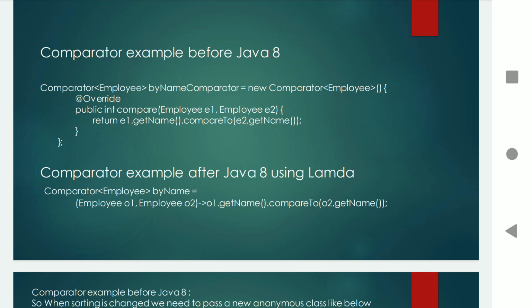That's it. If you compare the two, a lot of code has been cut short here: writing of a new comparator, the override has gone, and the compare method itself has gone. That is the benefit we can get.